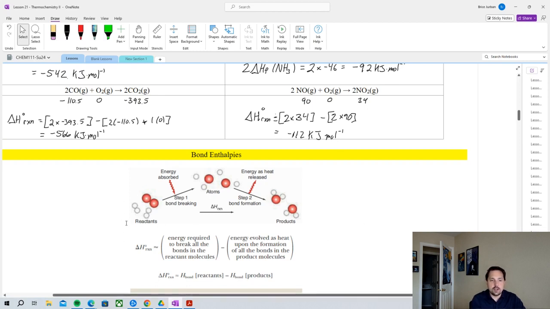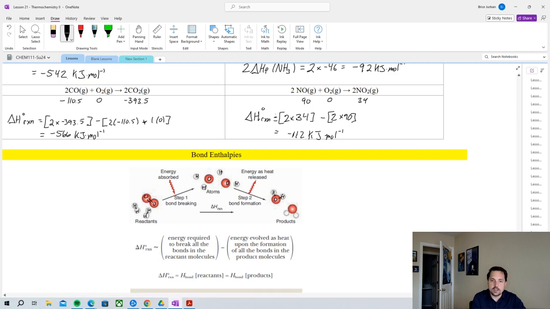So we can see that if we have the formation of water from hydrogen gas, 2 moles, and 1 mole of oxygen gas, we need to break the bonds between the oxygen, which is a double bond, and then we need to break the bonds between the hydrogens here. When we do that, we form hydrogen and oxygen in the gaseous state, and then we recombine all of those atoms to give us our water molecules that have single bonds between the hydrogens and the oxygens.